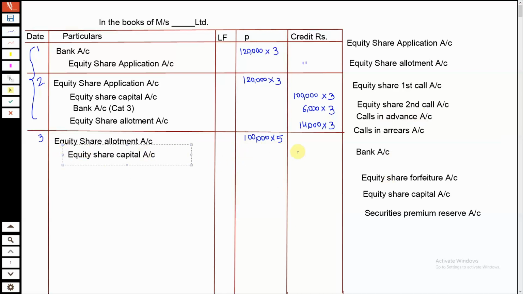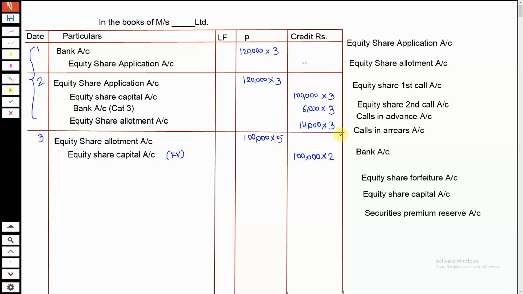So in capital I will write that on this 1 lakh shares 2 rupees face value was payable and 3 rupees premium was payable.